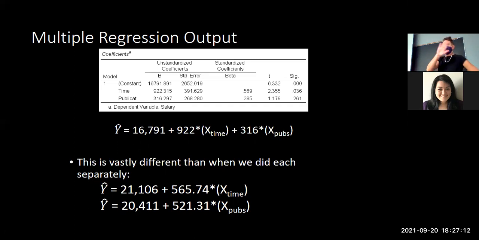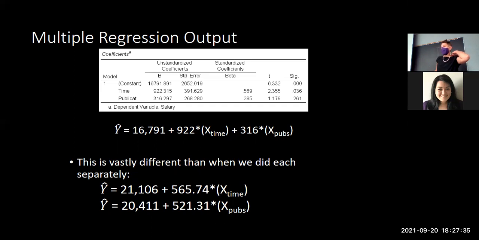Any ideas why that might happen? Is it because in this omnibus they're accounting for the overlap interactions between the two? You're accounting for the overlap between the two, exactly. And time and publications are probably correlated.